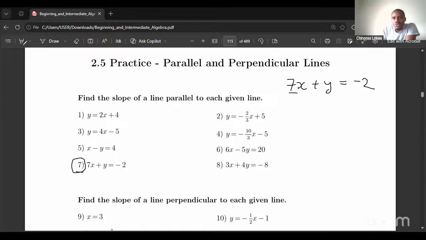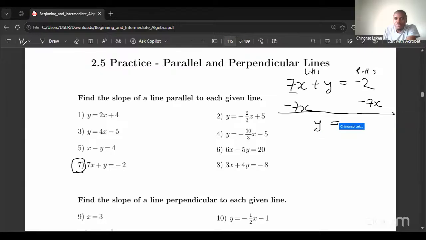To do that, you want to subtract 7x from both sides of the equation to set it into the slope intercept form. Once I subtract 7x from both the left-hand side and the right-hand side, I get the slope intercept form. That leaves me with y is equal to -7x minus 2.